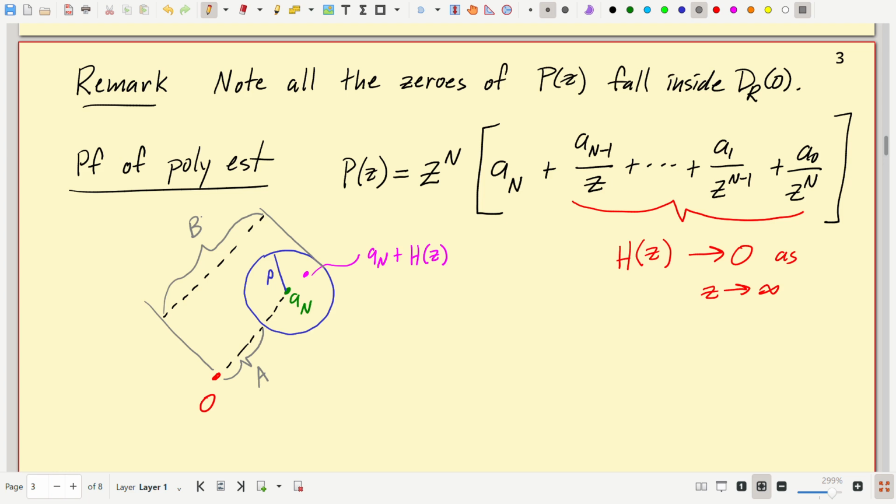So the point a_n plus h of z is between the circle of radius a and the circle of radius b.